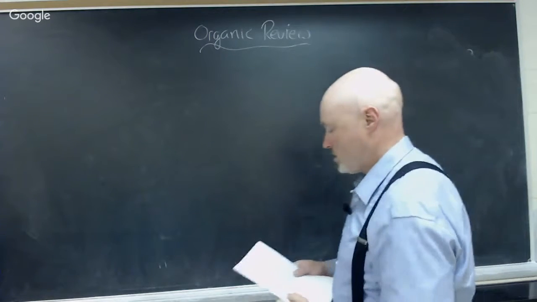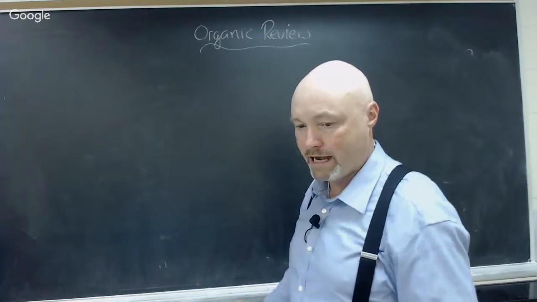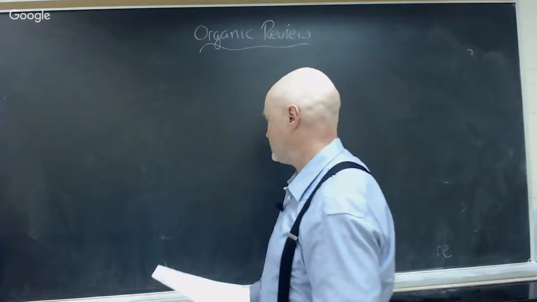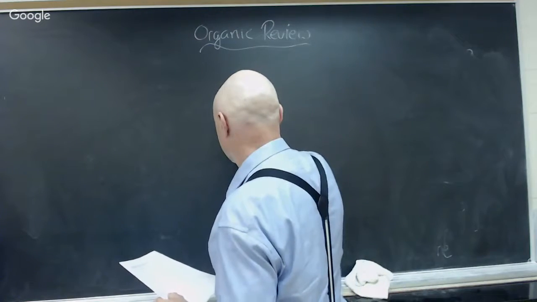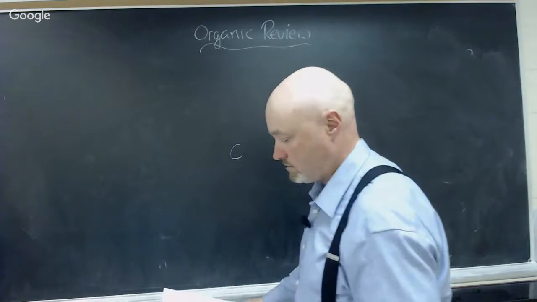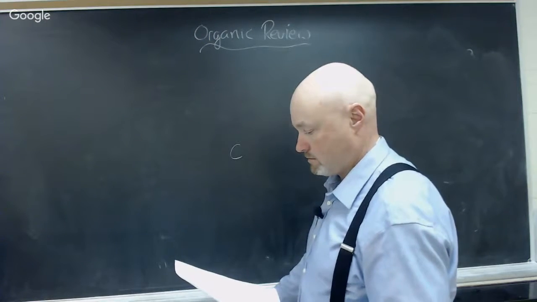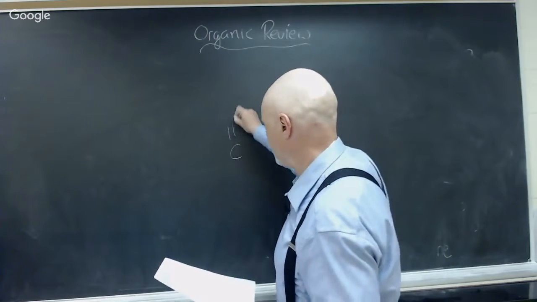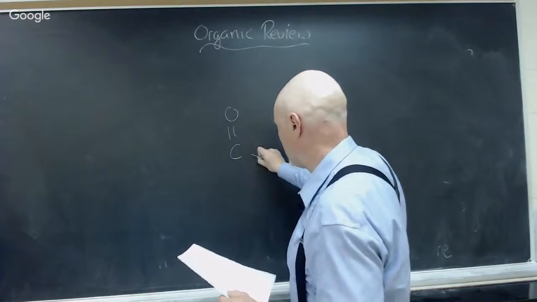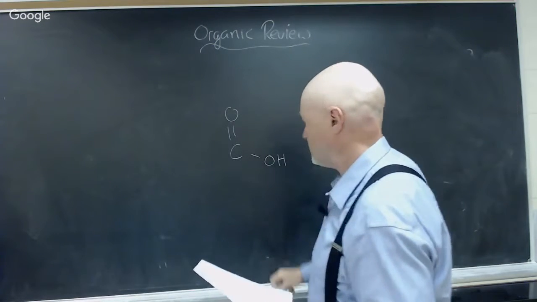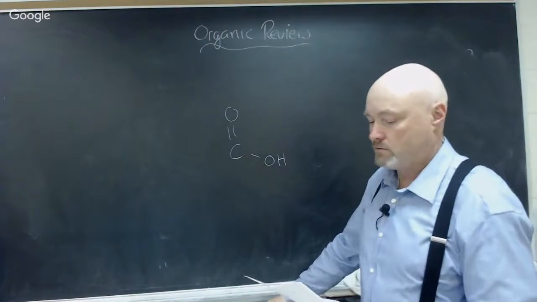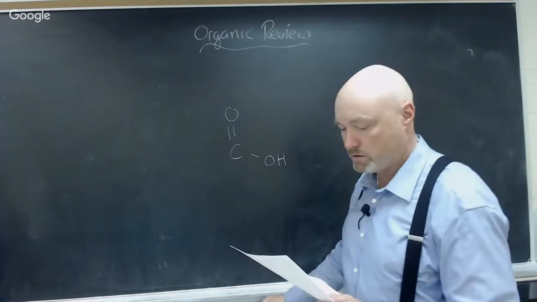Okay. Pentan-2-oic acid. Why wouldn't there be one of those? So it's a carboxylic acid. Yep, that's right. So here's our carboxylic acid functional group.